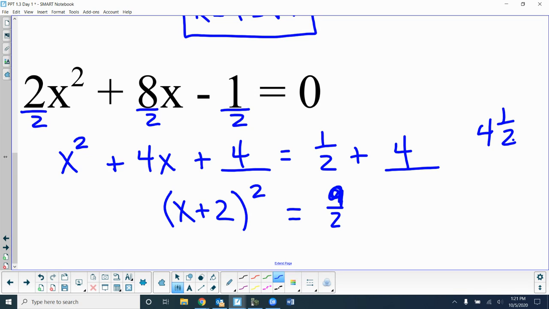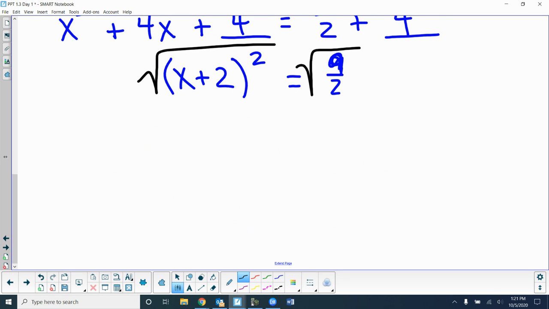Okay, so that's an improper fraction. We call this a mixed number. We don't usually write them as mixed numbers when we're doing this stuff. So what do I do to both sides now, Jamie? Square root both sides. So the left side is what, Jamie? x plus 2.